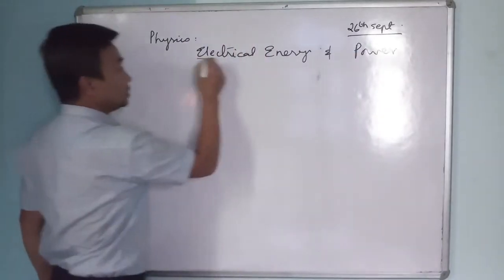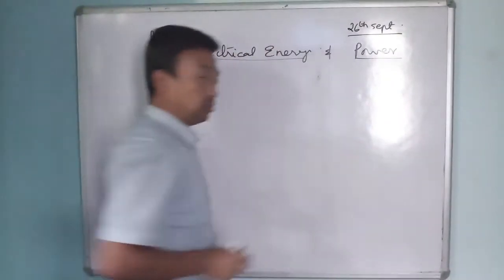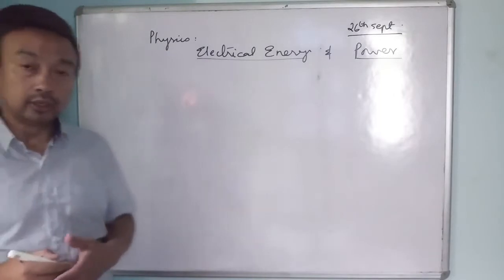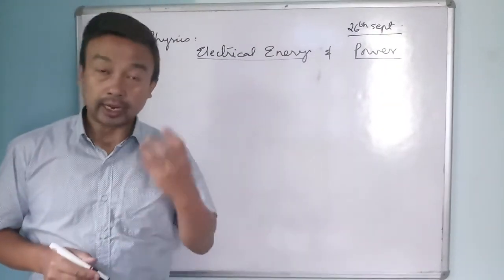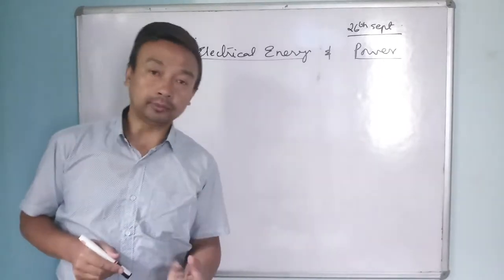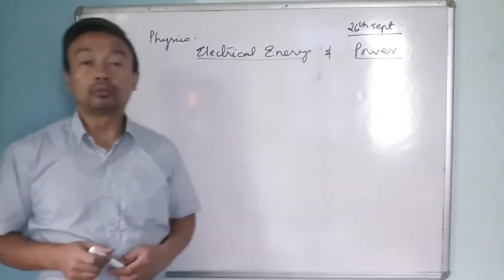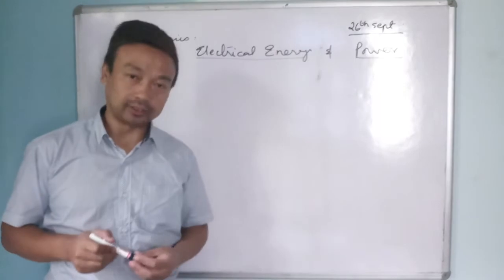These are the two topics, and here we will be mostly focusing on the expression of these two terms, energy and power. We will be finding the formula and we will be solving some of the numericals from the exercise.